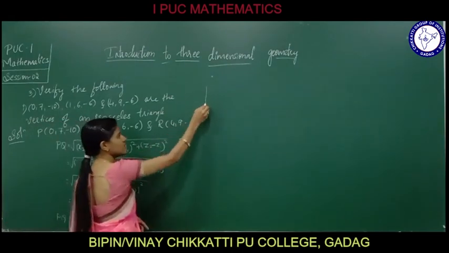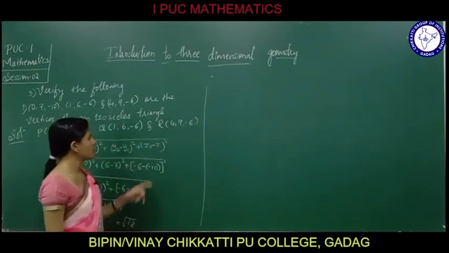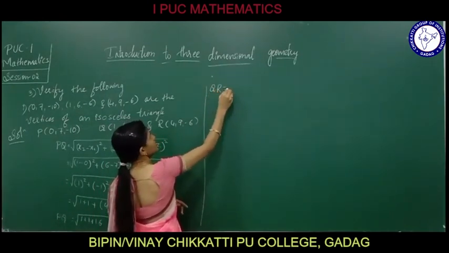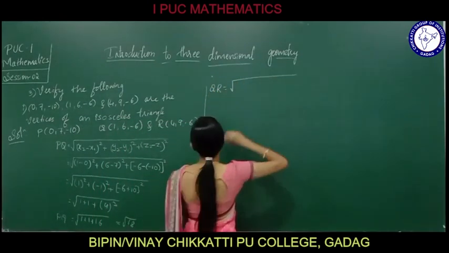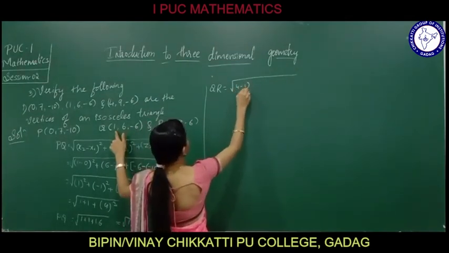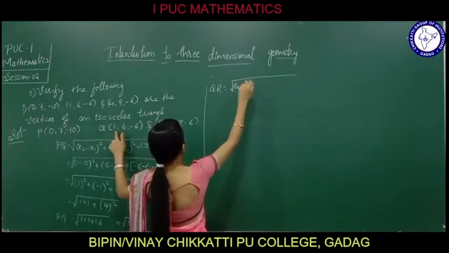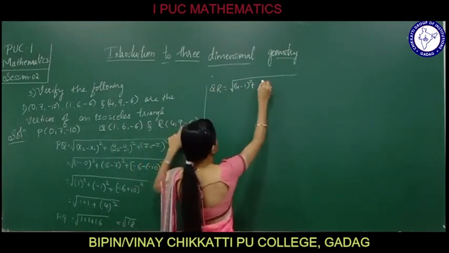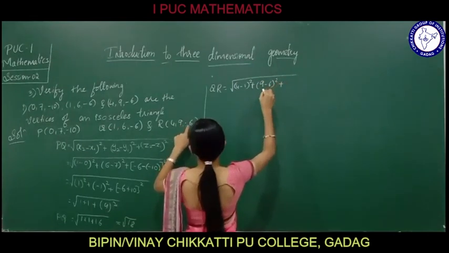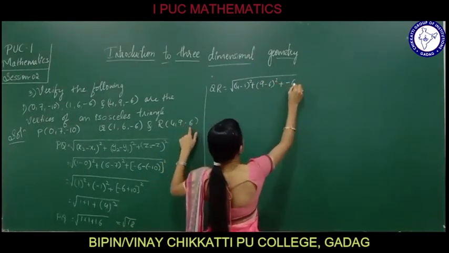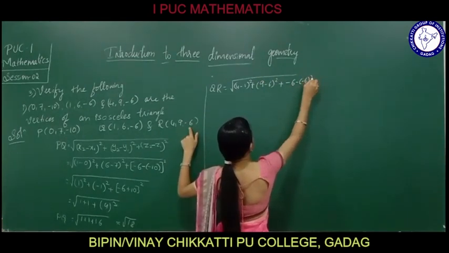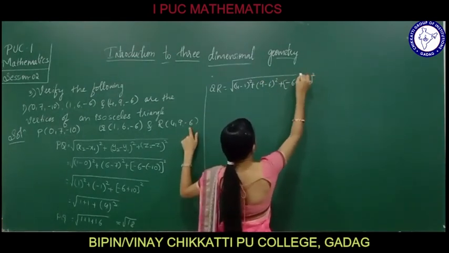The same way, let me find the distance of QR. QR will be equal to root of (4 minus 1) whole square plus (9 minus 6) whole square plus again (minus 6 minus of minus 6) whole square.